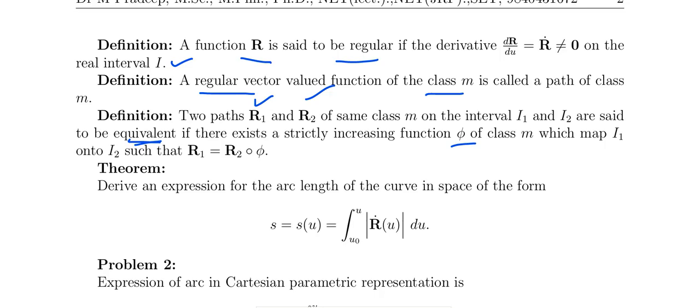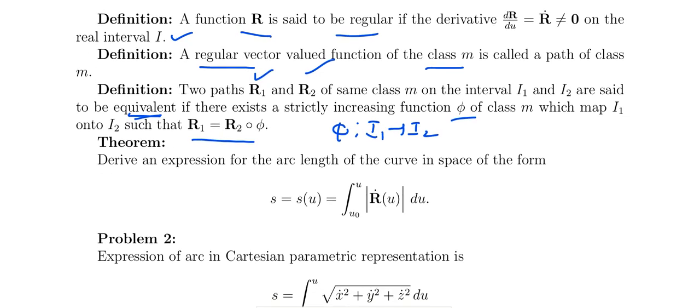On I1 the corresponding path is R1, on I2 the corresponding path is R2, of the same class m. So R1 is defined as R2 of phi, then the two paths are equivalent.